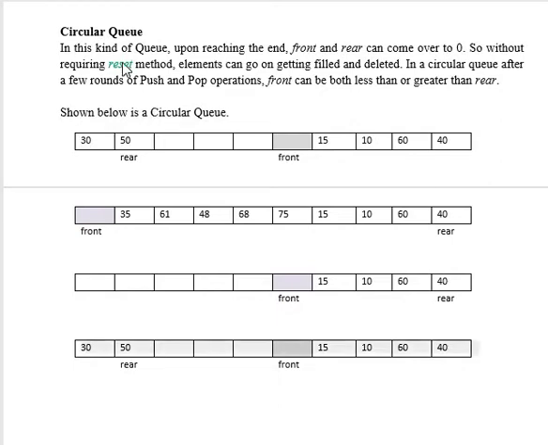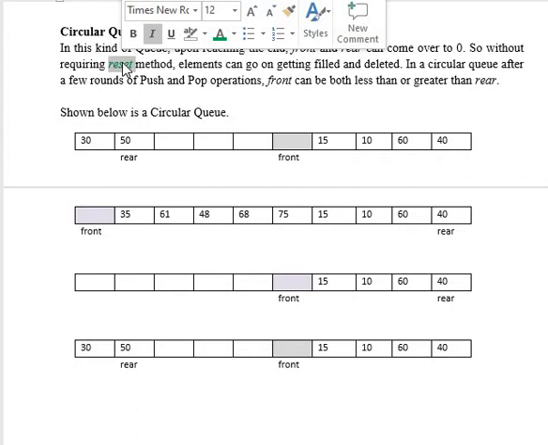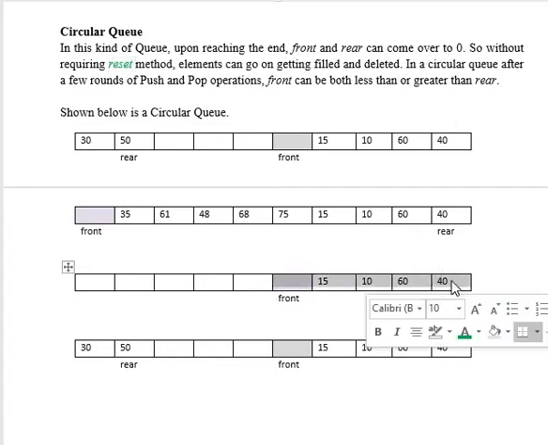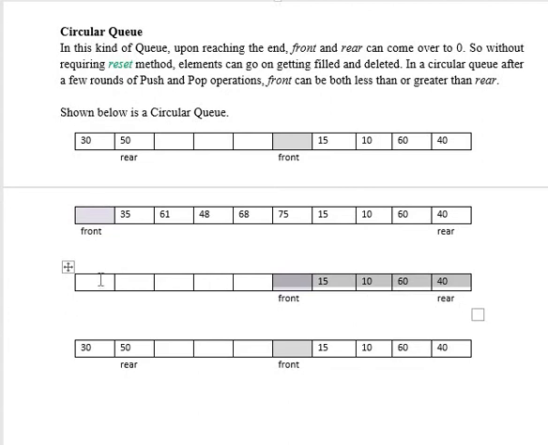Had it been a linear queue, then it would have been applied with the reset operation. What is reset? Reset means bring the entire thing to the left. That means copy from here to here and then paste it in the positions from the beginning.